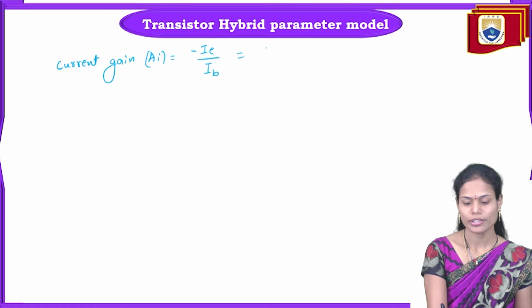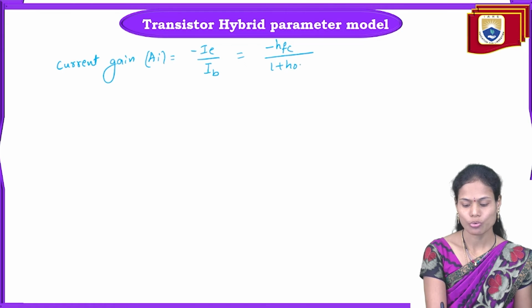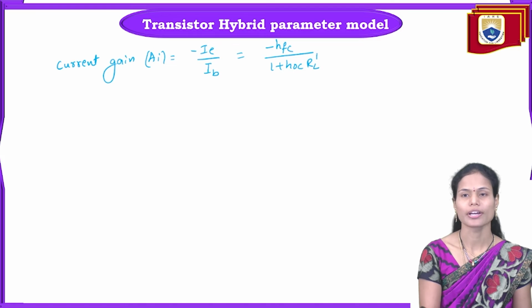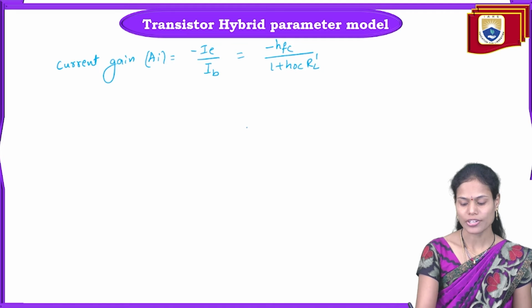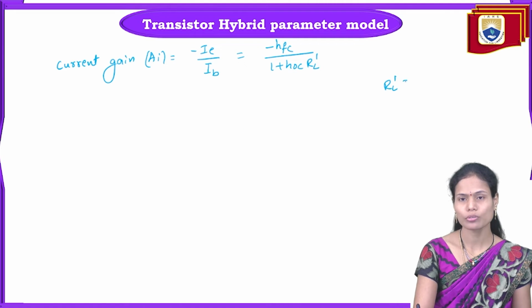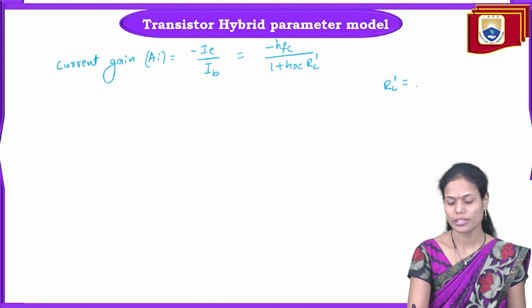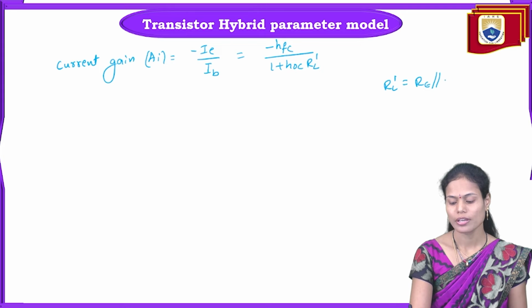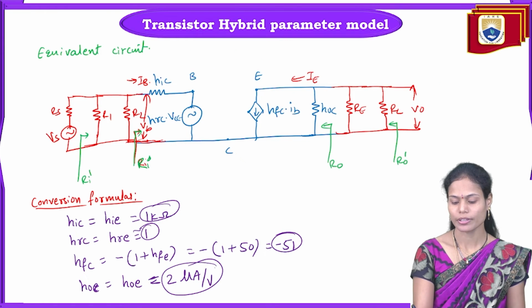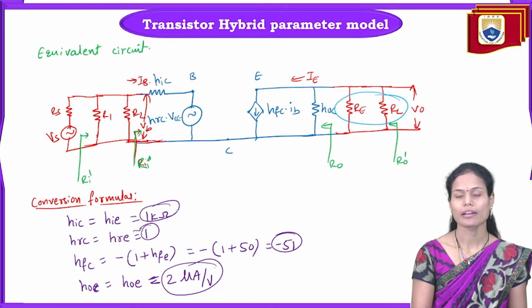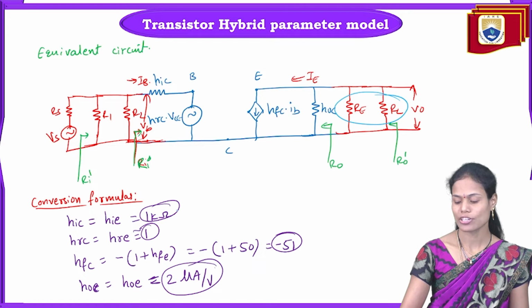So we can write this as minus HFC by 1 plus HOC into RL dash. Here we know the value of HFC as well as HOC, but we don't know the value of RL dash. RL dash is nothing but the emitter resistance in parallel with the load resistance. These two resistors in parallel combination give the RL dash value here.